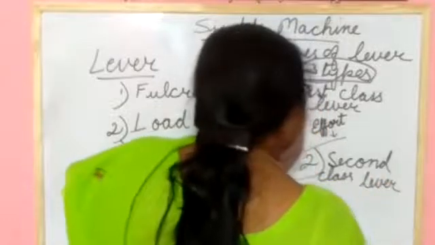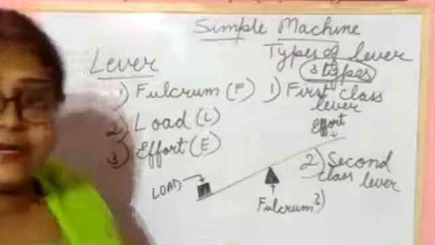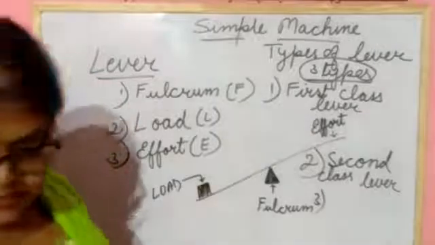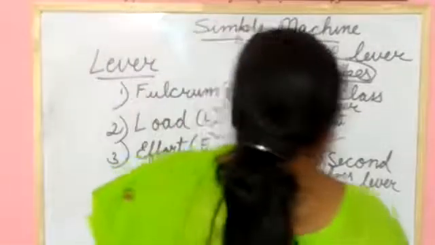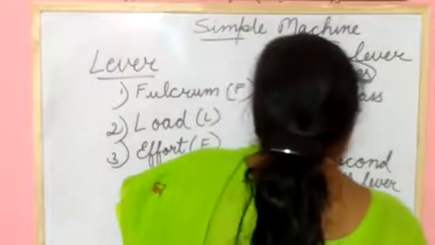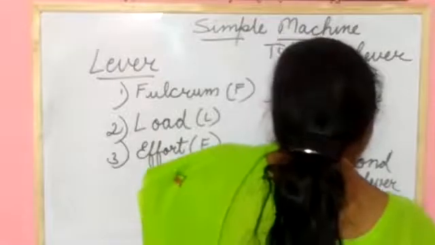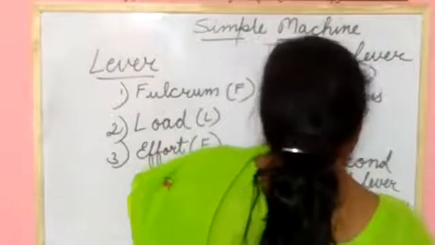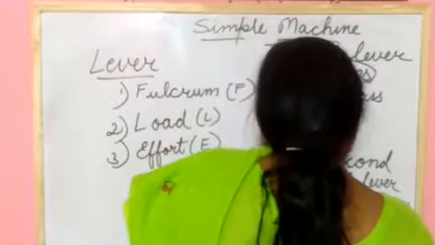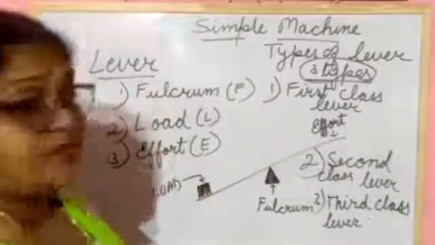And the third one, what is that? Third class lever. Understood?